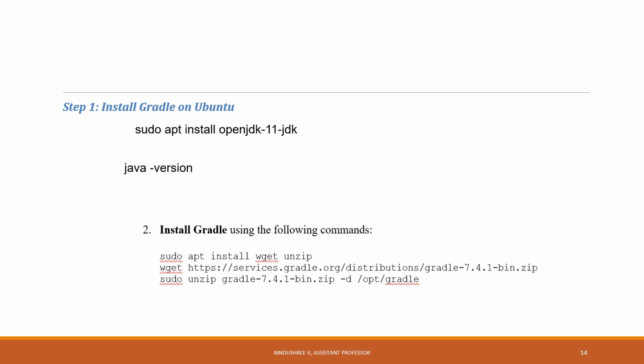This installs the unzip tool, through which we can unzip a zipped folder. To unzip through a command, this is how we write it: sudo unzip, then the entire zipped file name. The -d option is the directory, and you extract this zipped file into this directory.